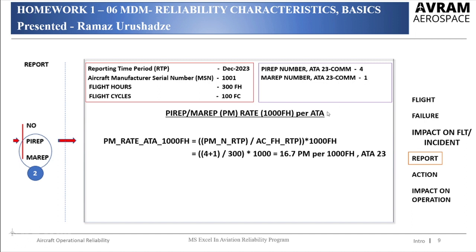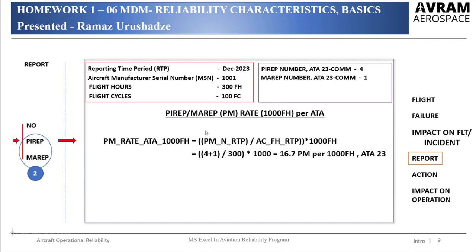Now, before we move forward, I would like to mention that sometimes airline includes MAREP in PIREP and displays this as a PIREP. Sometimes airline splits PIREPs and MAREPs, and they have 2 sections, one for PIREP, one for MAREP. In our case, I'm going to combine it, and we are going to calculate PIREP-MAREP rate per 1000 flight hours per ATA.